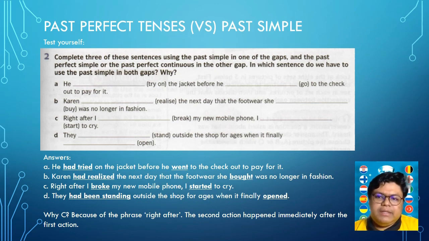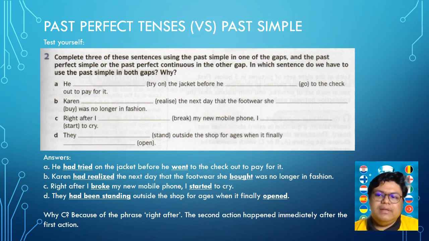Okay, but the second gap you have to use past simple. You have to just write bought. You can't use past perfect simple there. No, you can't use it for the second gap in B. Okay, sebab tak ada perkataan that. Okay, so yang tu mesti pakai past simple tense.